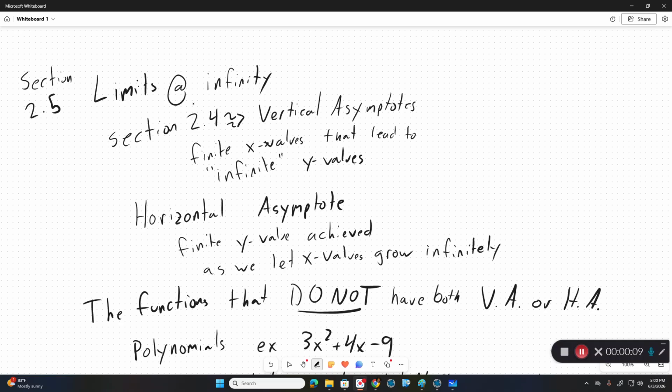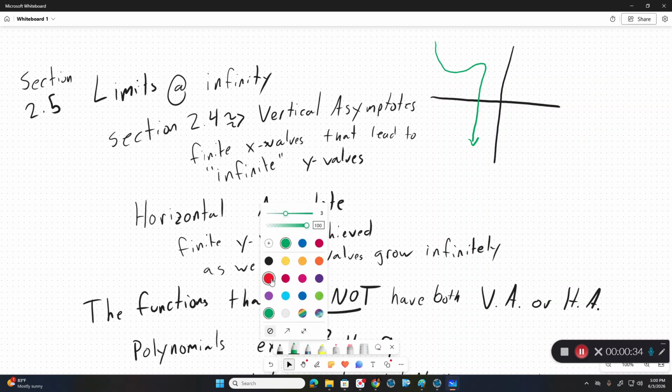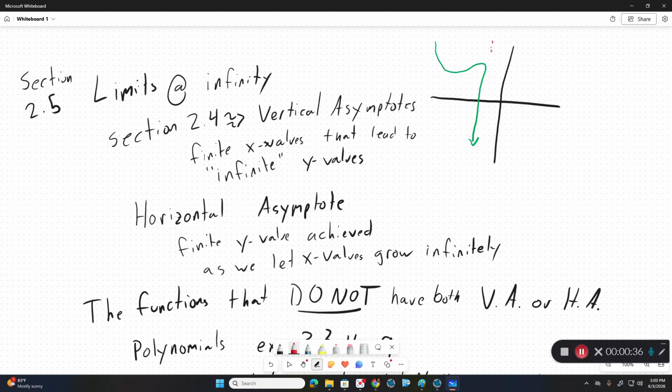As a brief review, hopefully you watched the video entitled section 2.4, which was about vertical asymptotes. To give us some visualization, a vertical asymptote is one where our function, let's say, shoots down towards infinity across an impossible threshold.